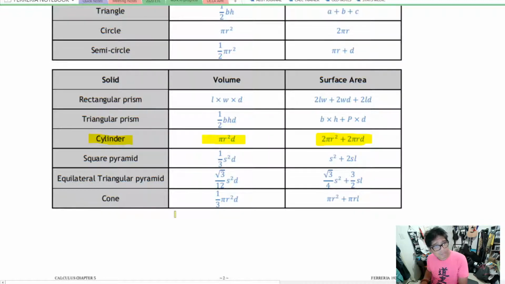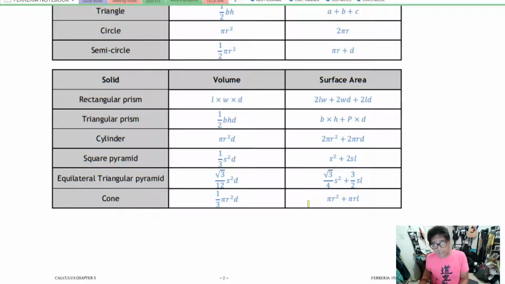And then let's see, a cone, that's a good one. 1/3 pi r squared times the depth or the height of the cone. And then the surface area is pi r squared, the area of the base, plus pi r multiplied by the slant height. Yeah, you're not getting away from the slant height just yet. So go ahead and pause it here and copy these down.